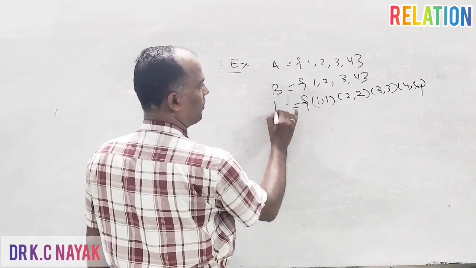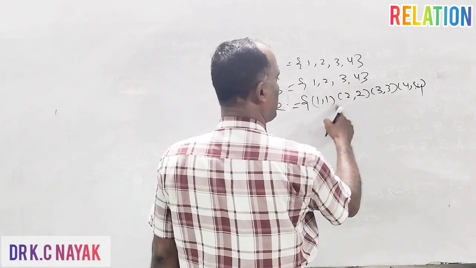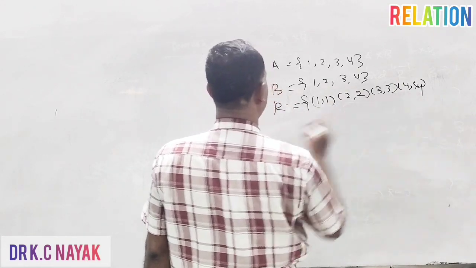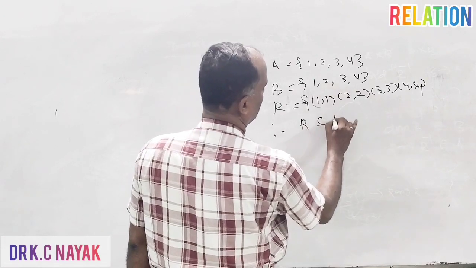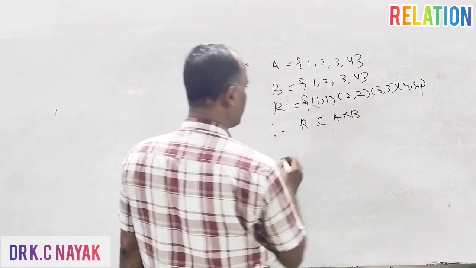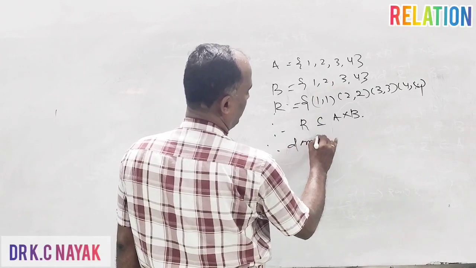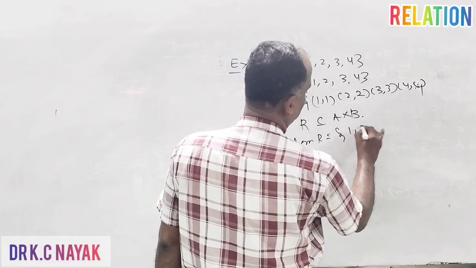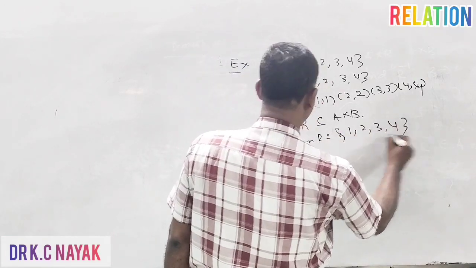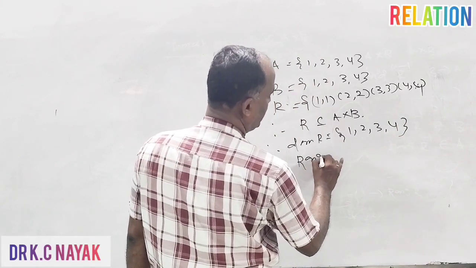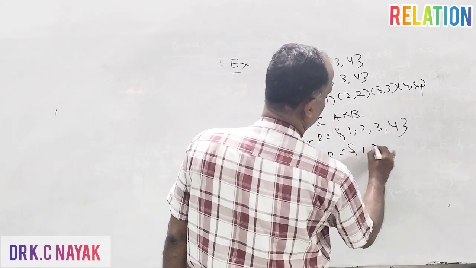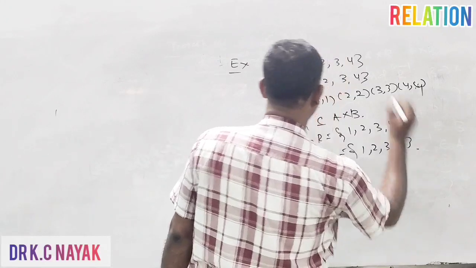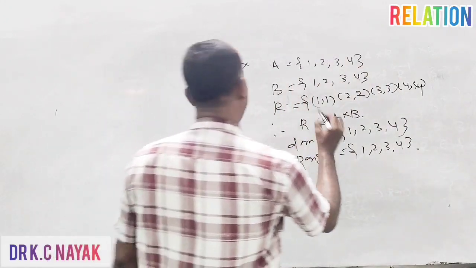Then R is a relation with pairs (1, 1), (2, 2), (3, 3), (4, 4). That means R is a subset of A cross B. Here the domain of R is {1, 2, 3, 4} and the range of the relation is also {1, 2, 3, 4}. This is a relation from A to B.